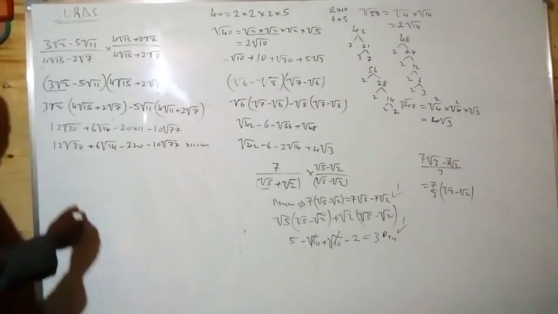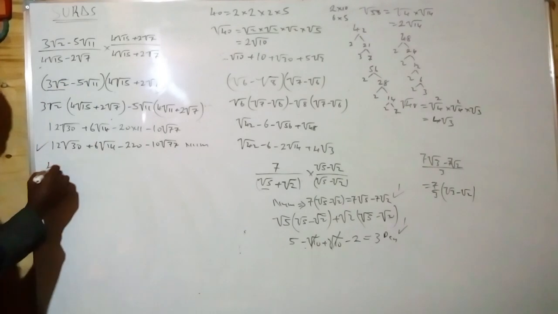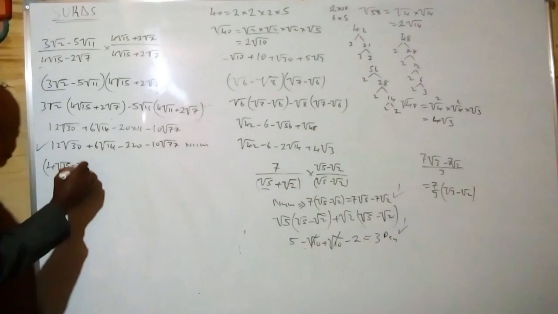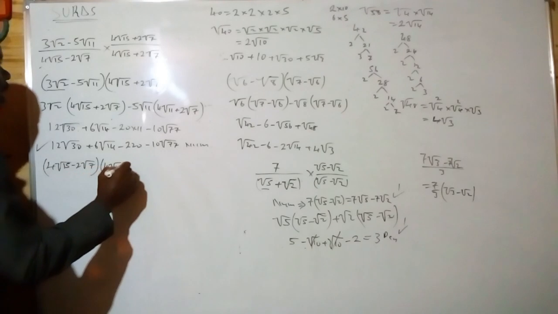We proceed to denominator. 4 root 15 plus 2 root 7, 4 root 15 minus 2 root 7.